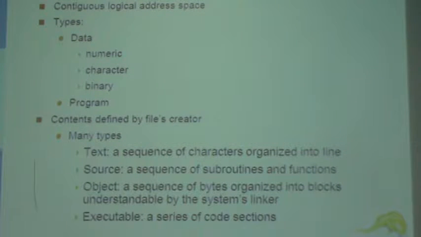So you will see a lot of examples, like text, a sequence of characters organized into lines, like a TXT file; source file, a sequence of subroutines and functions, like C programs, the source code; and object file, a sequence of bytes organized into blocks, understandable by the system linker; or executable file, where the extension is exe. It's a series of code sections, so we can run it in the operating system.